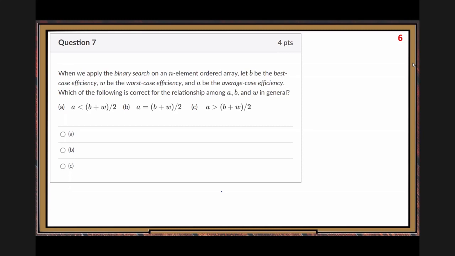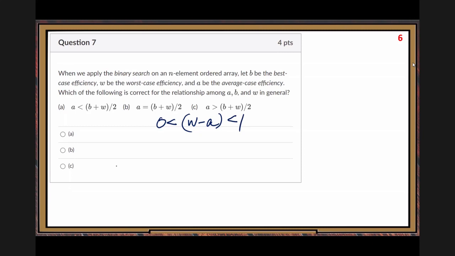So how do you know which case? Although we know the average case is close to the worst case, the distance is less than 1. W minus A is positive, and this number is less than 1.